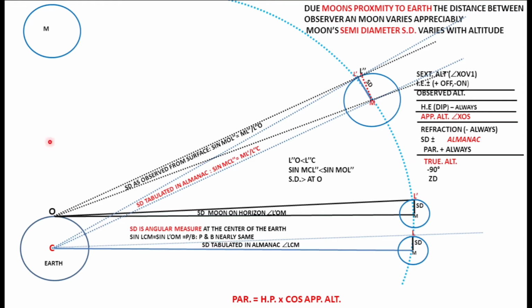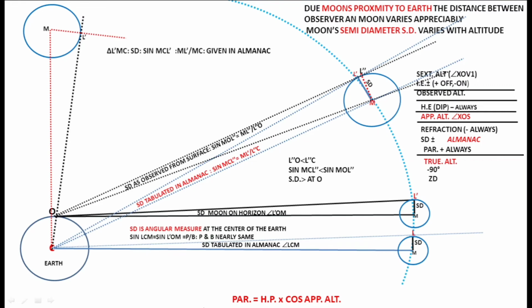This is the moon which is right overhead. And this is the angle what has been tabulated in the almanac. And this is what you will see, M O L double dash. And you can see here that M O dash is the least possible in the solar circle.